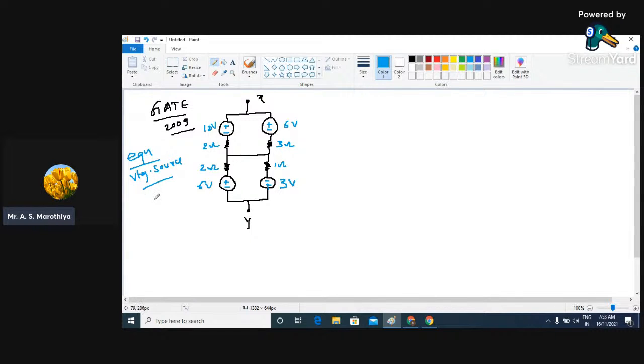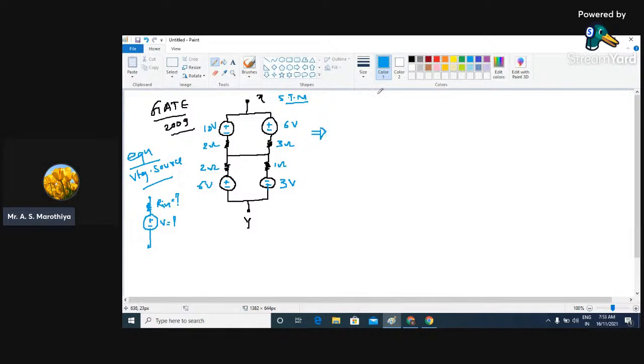That means by the end, between terminal X and terminal Y, we must find an equivalent resistance followed by a voltage source. What will be the value of this V? What will be the value of this R? That we need to find out using the source transformation technique. This question was asked in GATE 2009.